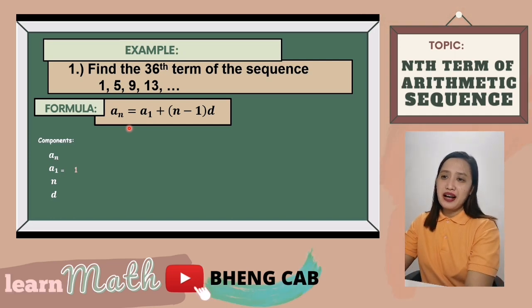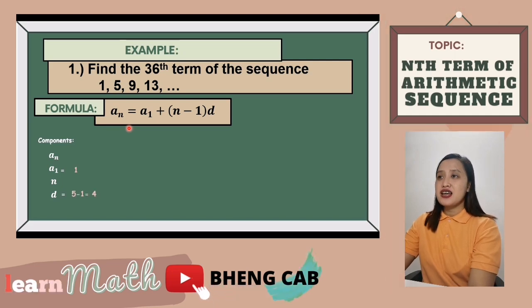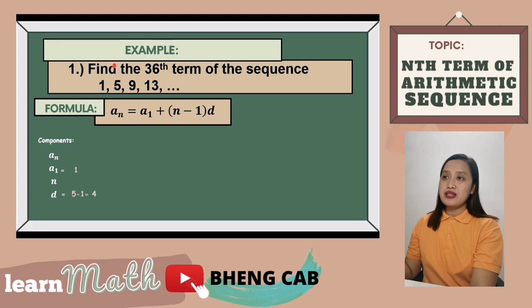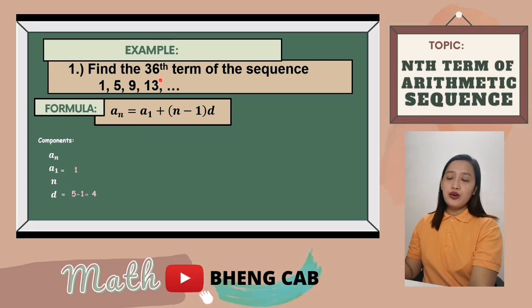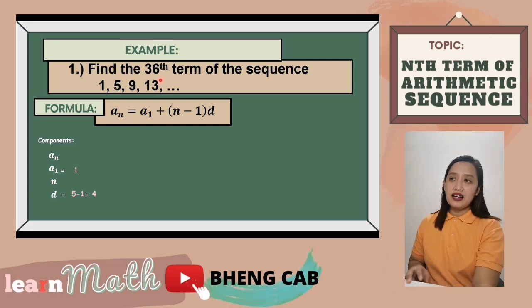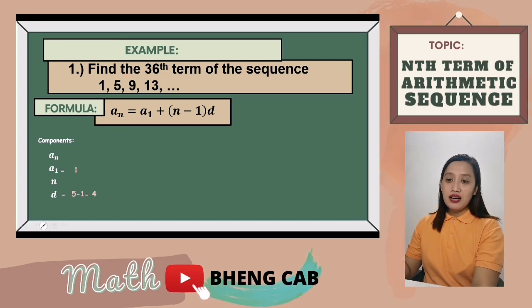Okay. Secondly, isa sa pinakamadaling hanapin natin dito ay yung common difference. Lalo na't meron tayo ditong sequence na first 4, yung common difference dito ay pagpili ng dalawang term na magkasunod, di ba? Yung dalawang term na magkasunod, ang gagawin lang natin ay sasubtract natin. Having 5 minus 1, which is equal to 4.